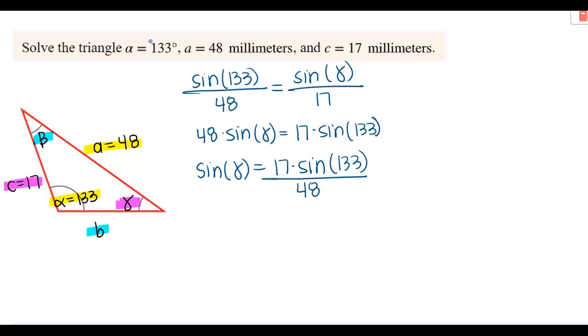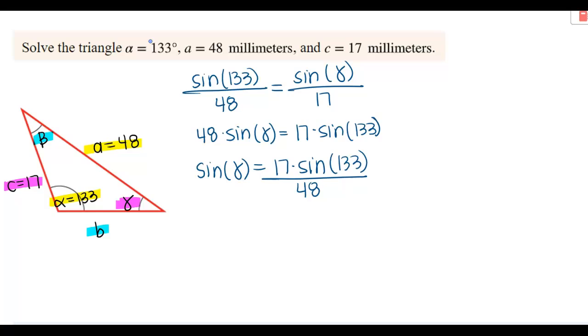Okay, so this is great. We have gamma by itself. We are just forgetting the sine. If you remember from chapter 6 when we were talking about all of our inverses, in order to get sine or cosine or tangent away from our unknown angle, we can do the inverse. Okay, so this is going to look really complicated probably at first, but it's really just going to be put into our calculator.